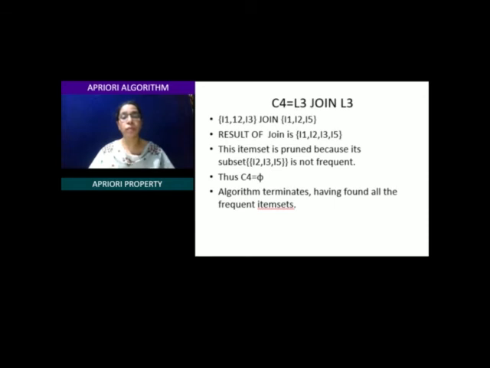So we can say that I1, I2, I3, I5 is also not frequent. So it is removed, and C4 becomes empty. Since C4 is empty, there is no L4. So the algorithm terminates having found all the frequent item sets.